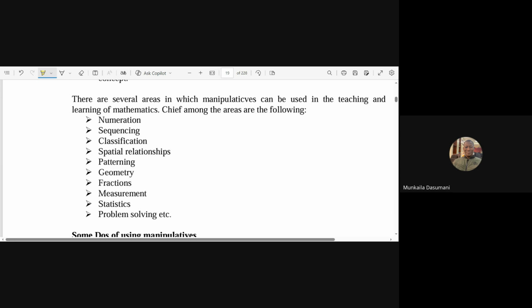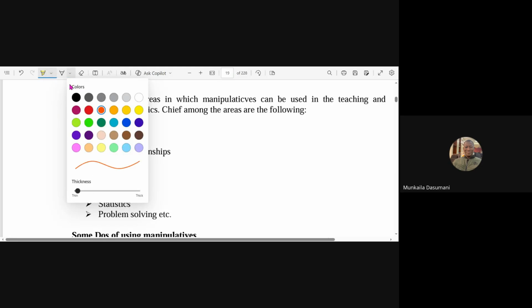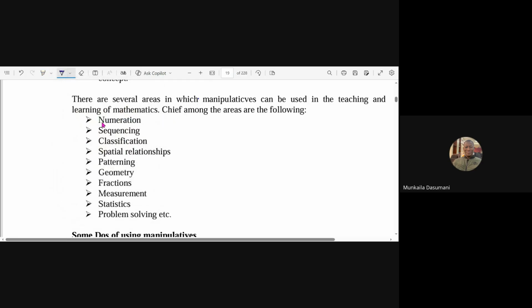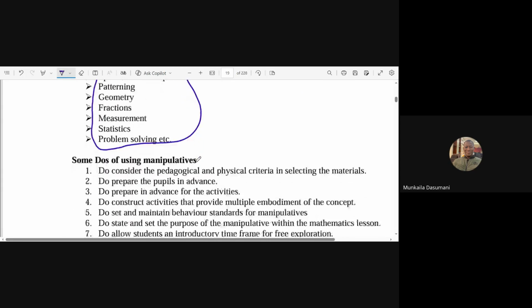So please use your time well. Go to the internet and Google. Don't rely more on ChatGPT. Use other sources in addition to ChatGPT, or Gemini is also good. So you can find which of the manipulatives best fit for teaching these topics and many more topics. You should look for them.